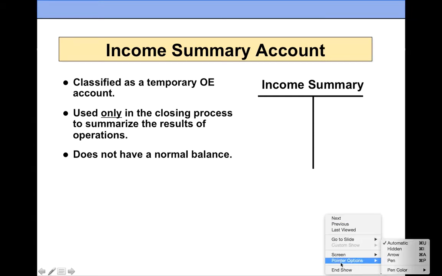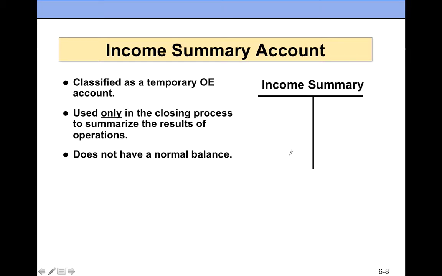Of course, it has a debit and a credit, so the left side is debit, the right side is credit, but it doesn't have a plus-minus or minus-plus, which means the balance could be on any side. If I end up having a debit balance, that means we have net loss.